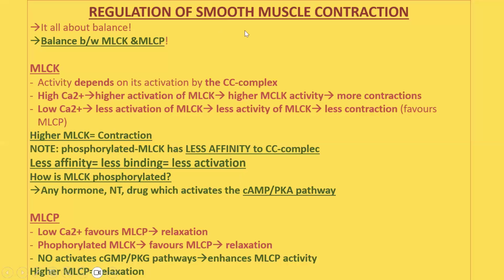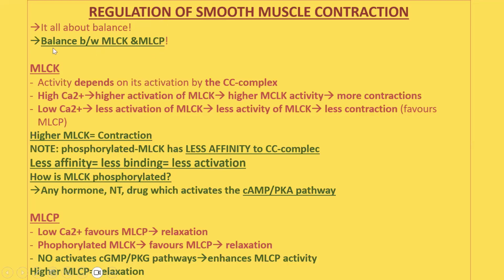Okay, now we want to regulate the smooth muscle contraction. As I said, it is the balance between myosin light chain kinase and the myosin light chain phosphatase. It is all about balance between these two enzymes. So you either enhance this enzyme or decrease its activity, or you enhance this enzyme or decrease its activity.